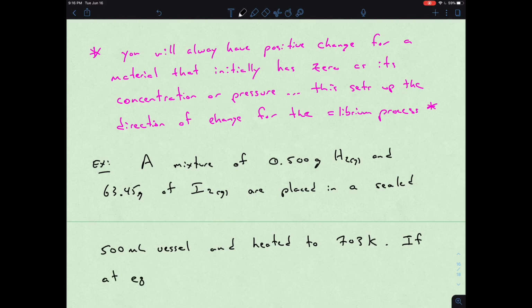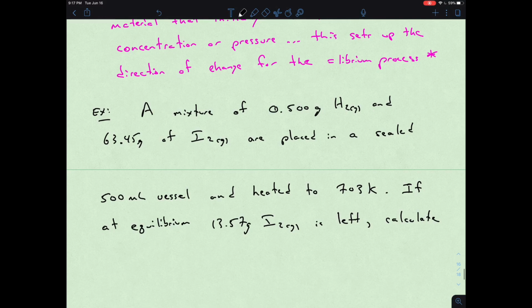If at equilibrium 13.57 grams of the iodine is left, we want to be able to calculate K sub C and K sub P for the following process.